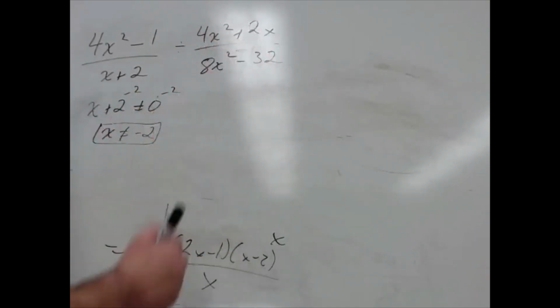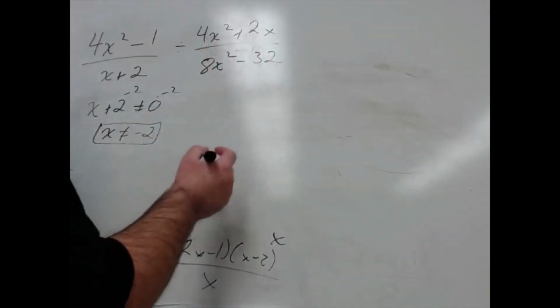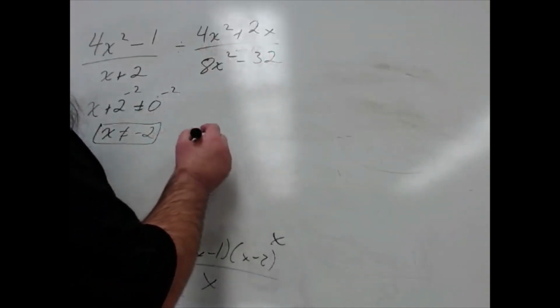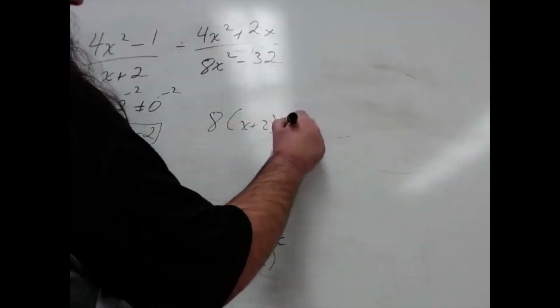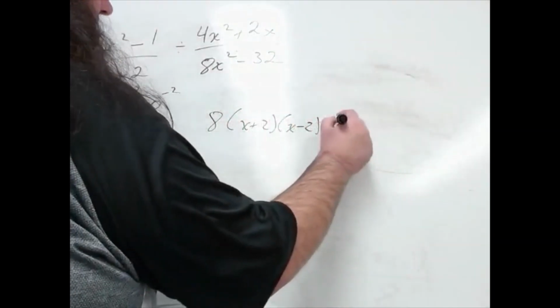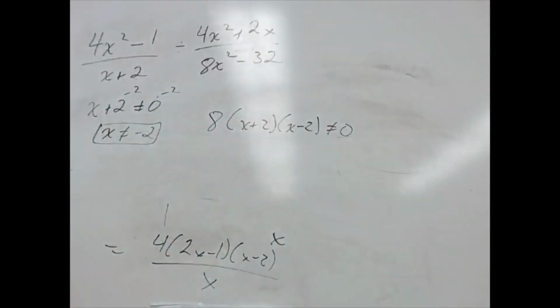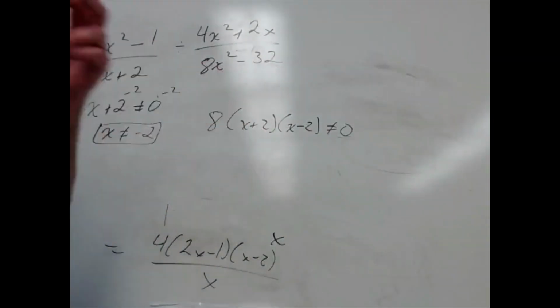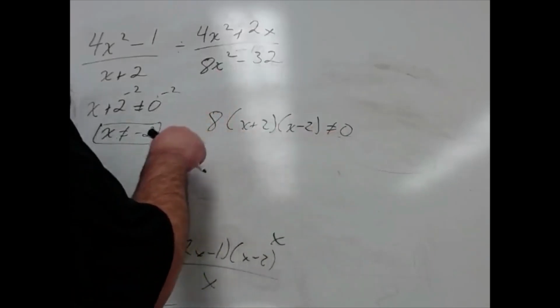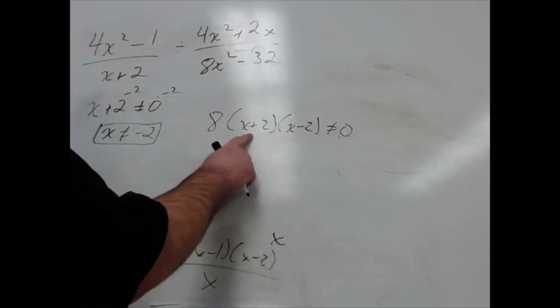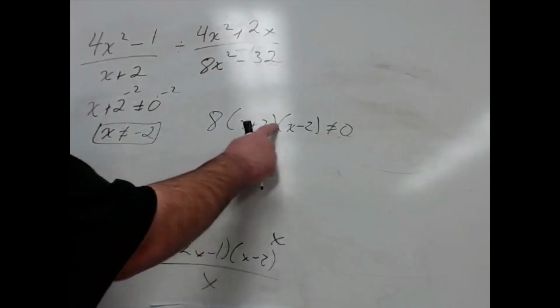Remember, we factored that out, and it was 8 times x plus 2 times x minus 2. So find non-permissibles from here. Well, 8 is never equal to 0, so this one doesn't give me any. x plus 2, well, I already had x plus 2 over here, so this is just going to give me a repetition of this one.